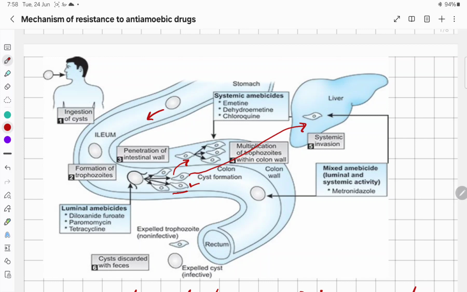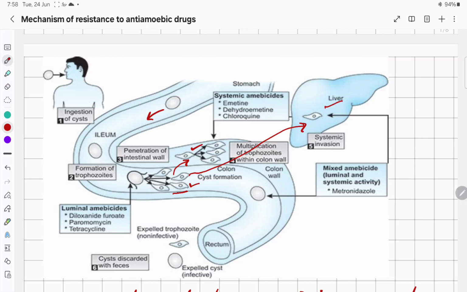In this way, amoebiasis is of two types: intestinal or luminal amoebiasis, and extraintestinal, that is when it affects the intestinal wall and the liver.